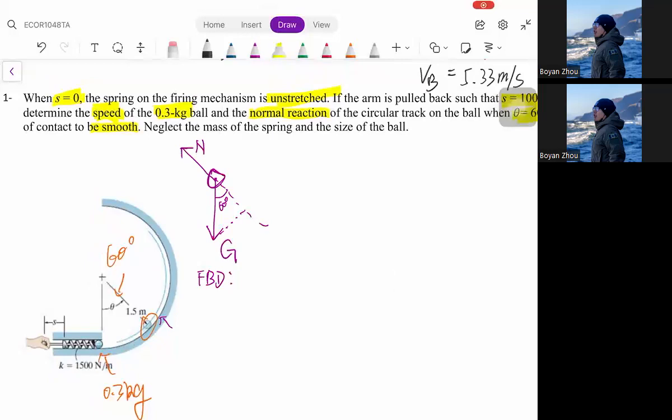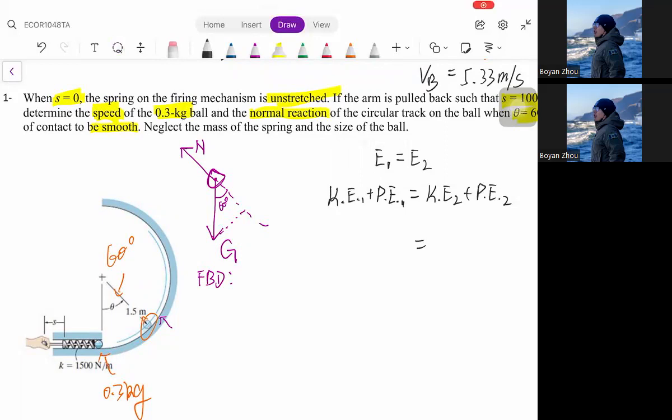First, for the speed, we're just using the energy balance again. The energy at the first moment is equal to the energy at the second moment. So the kinetic energy at the first moment plus the potential energy at the first moment is equal to the kinetic energy at the second moment plus the potential energy at the second moment.